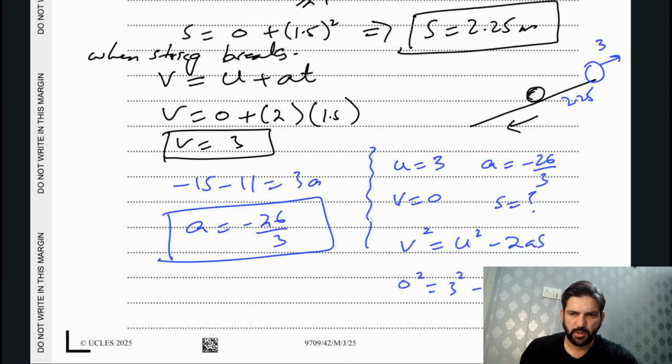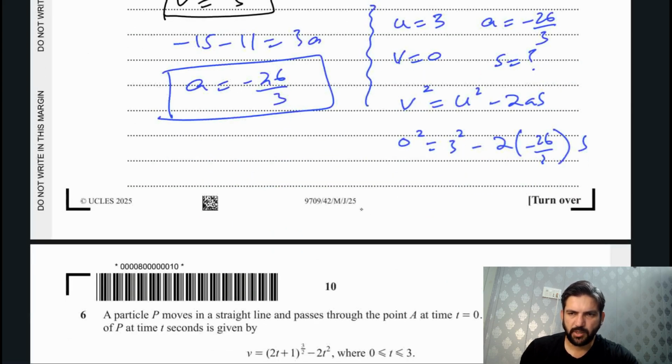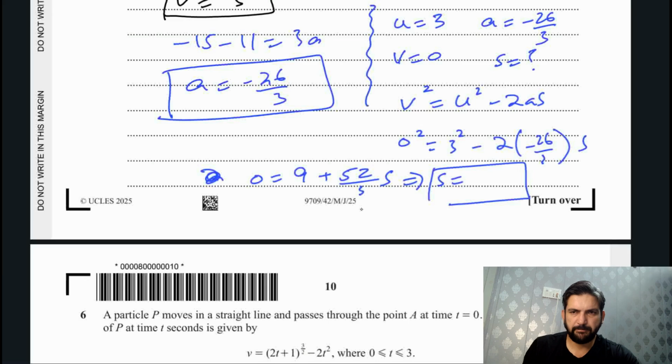If we rearrange it, this will be 0 is equal to 9 minus 52 by 3 s. So s is equal to 2.7692. So 2.77 will be the final answer for this. I hope that the concept is clear.